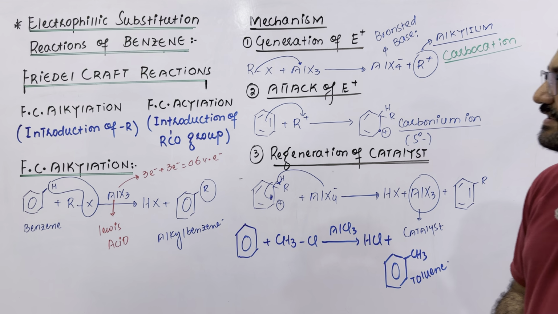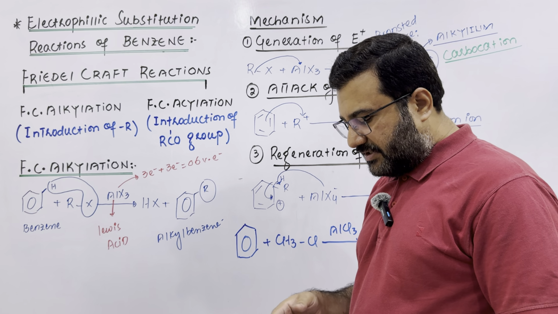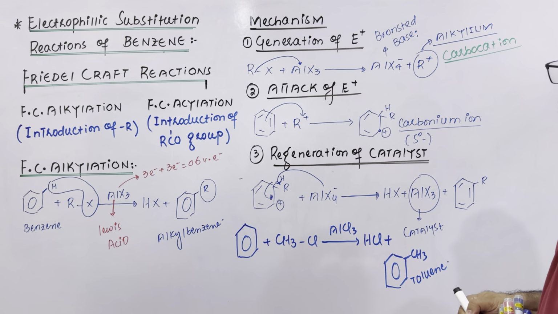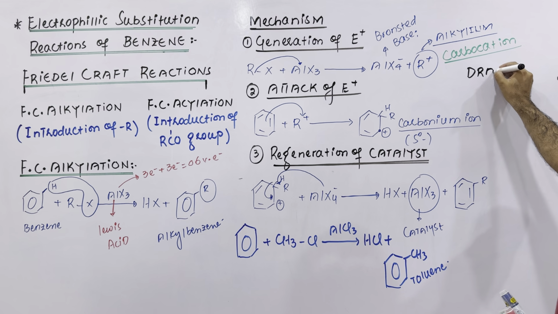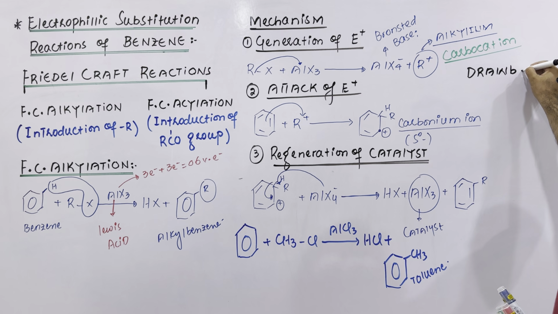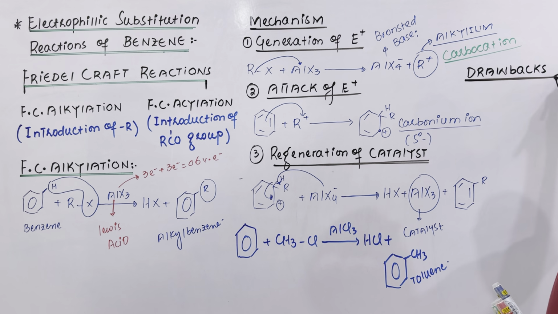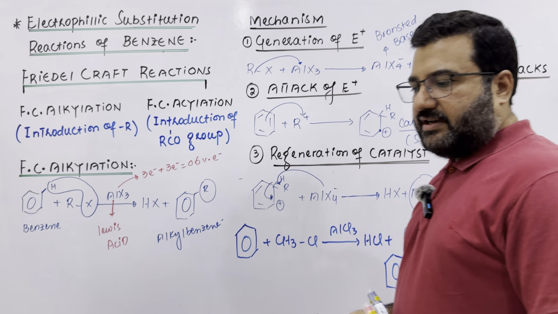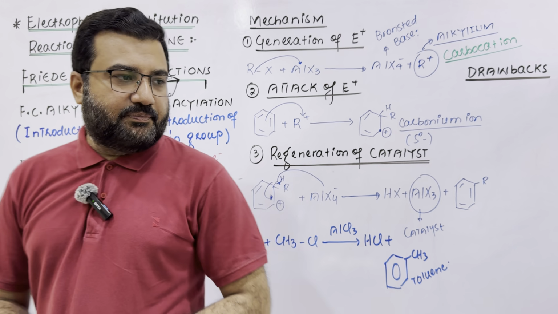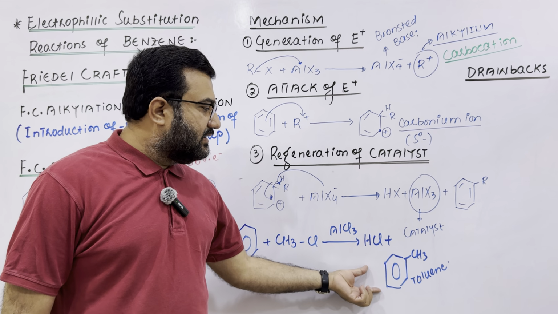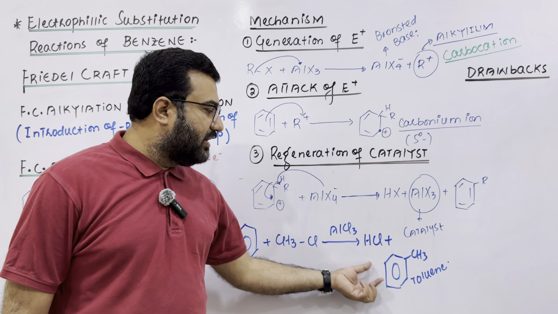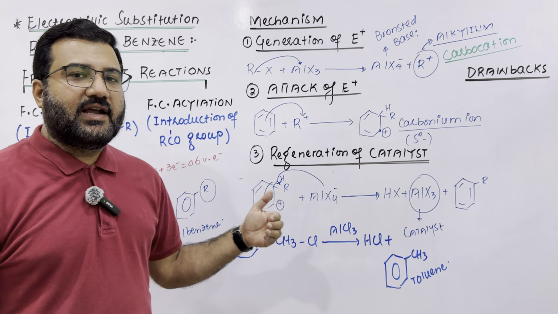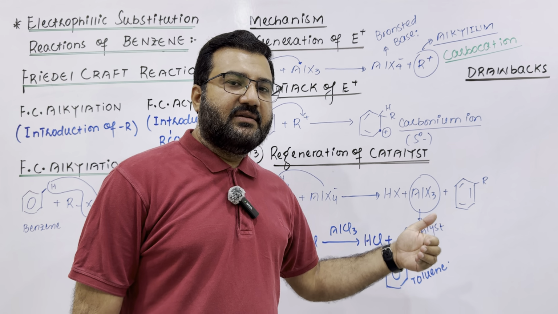Now, my dear students, there are some drawbacks of the Friedel-Crafts alkylation. And what are those drawbacks? Number one, when a single alkyl group is introduced to the benzene ring, it becomes very difficult to stop the reaction at this point, and there might be more alkyl groups that can be introduced to the benzene ring.